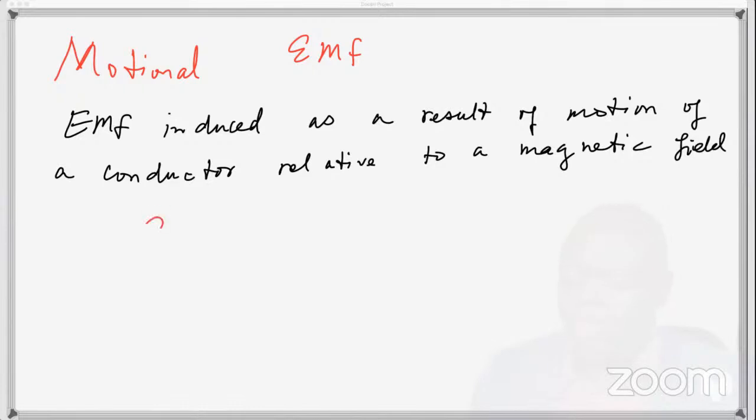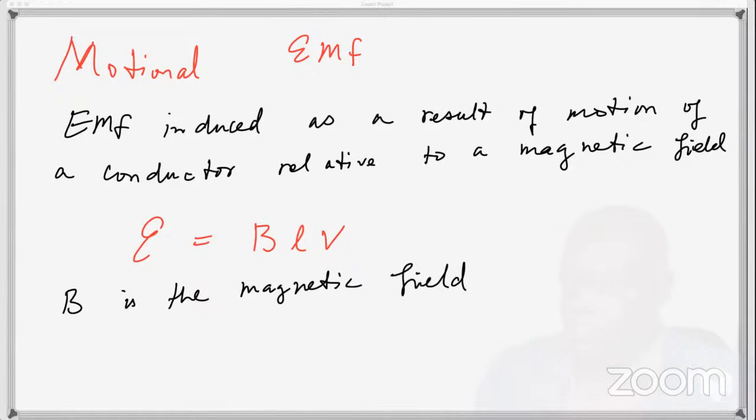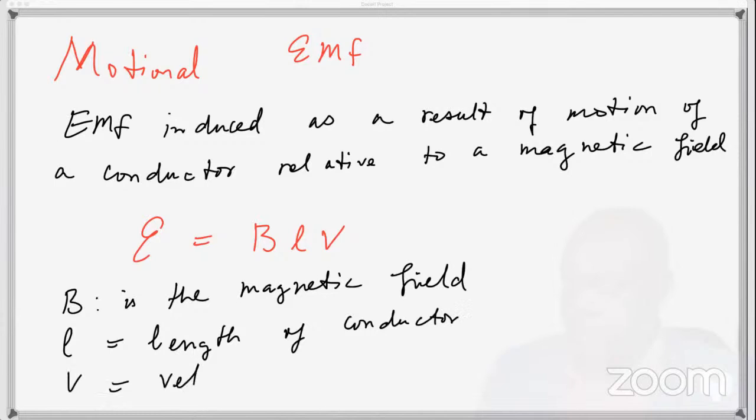And the motional EMF is simply B times L times V, where B is the magnetic field, L is the length of the conductor, and V is the speed or the velocity of the conductor.